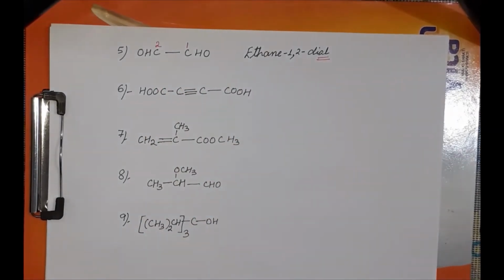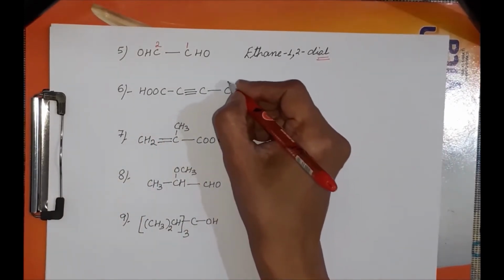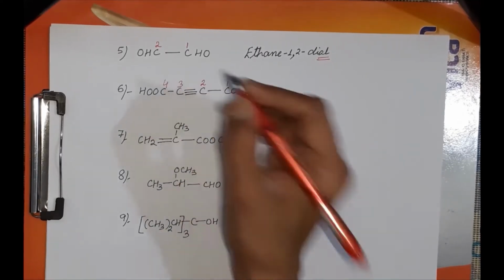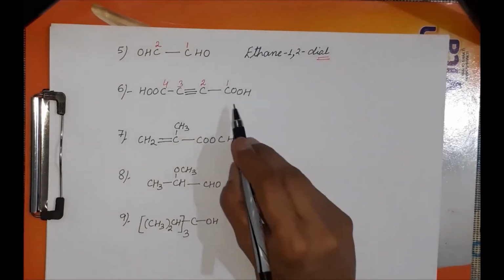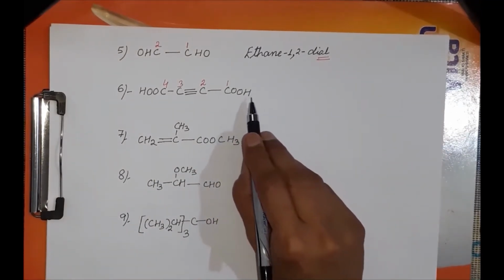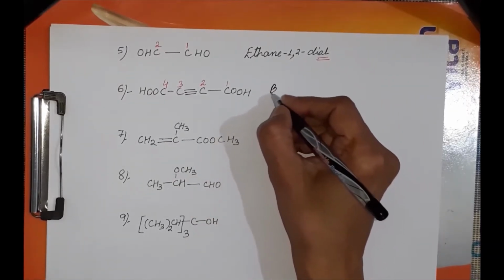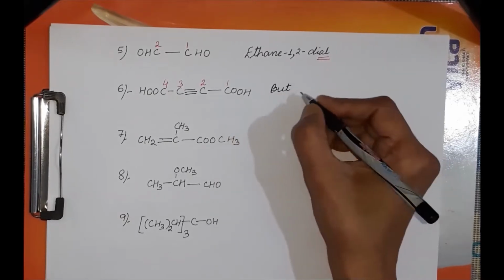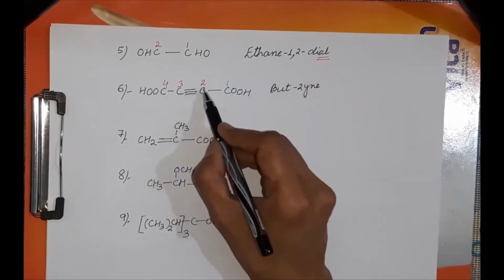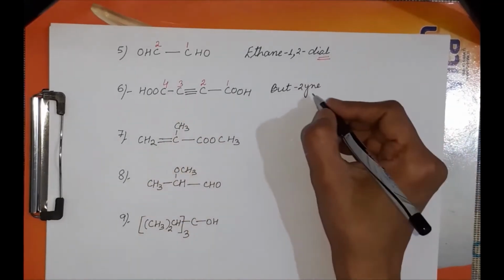Then the next compound. First let us do the numbering, 1, 2, 3, 4. No substituents are there, so no prefix. It has a 4-carbon parent chain, so it will be but-2-yne, because the position of the triple bond is at 2.